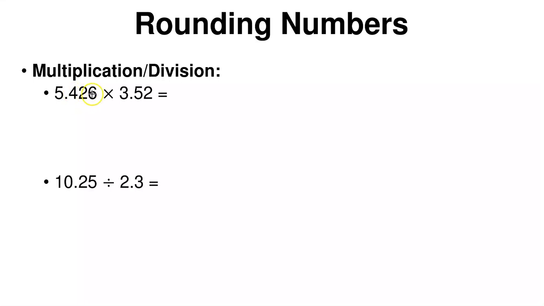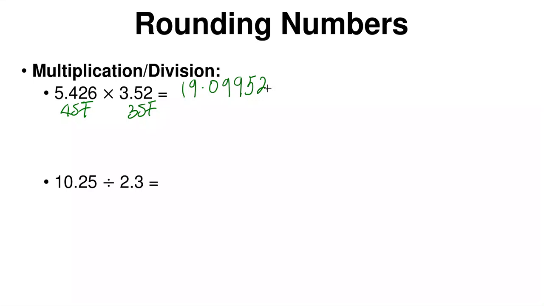There are 1, 2, 3, 4 significant digits here, and there are 3 significant figures here. So what it means is that 3 is smaller than 4. We're going to multiply the number. If you punch this into your calculator, you're going to get 19.09952. That's what you're going to get.